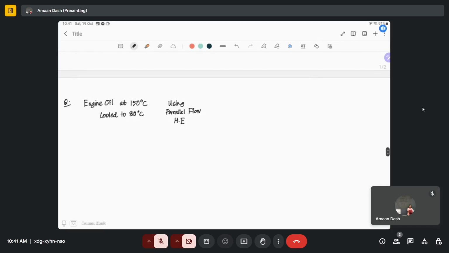Okay, so this, let me do like this, and this is done by using water which is entering at 25 degree Celsius and leaving at 60 degree Celsius.